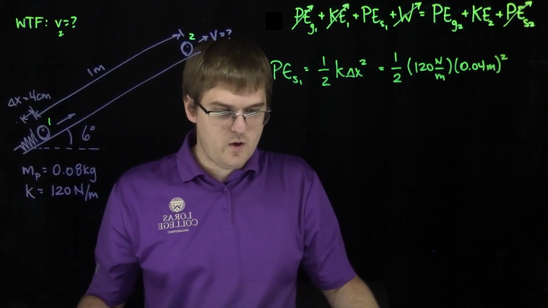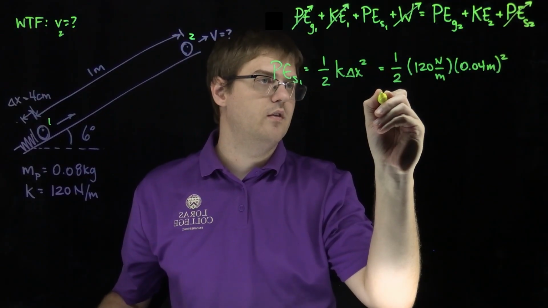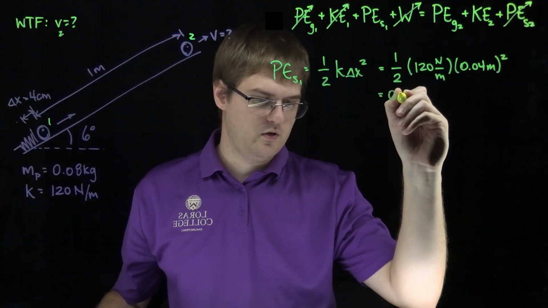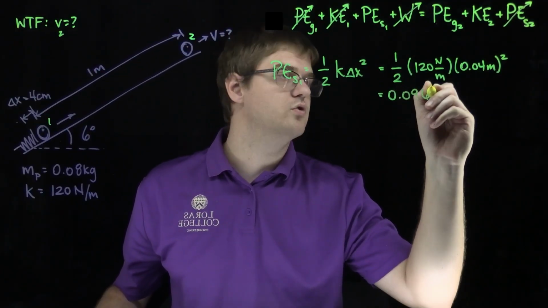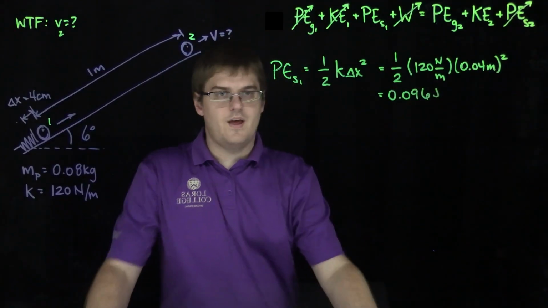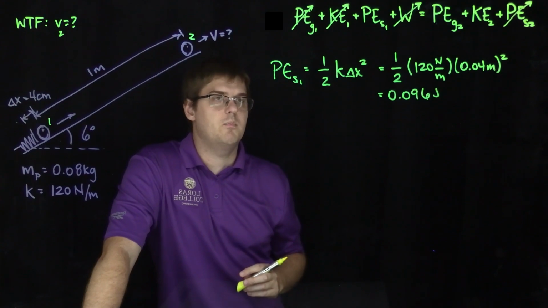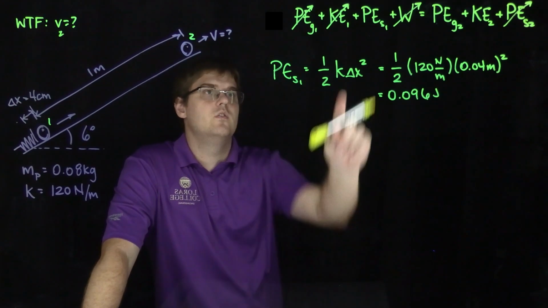Okay, with that, that is going to give me a spring potential energy of 0.096 joules. So that's the amount of energy that I have stored up in this spring that I'm going to use to push the ball. Okay, so that's that one.